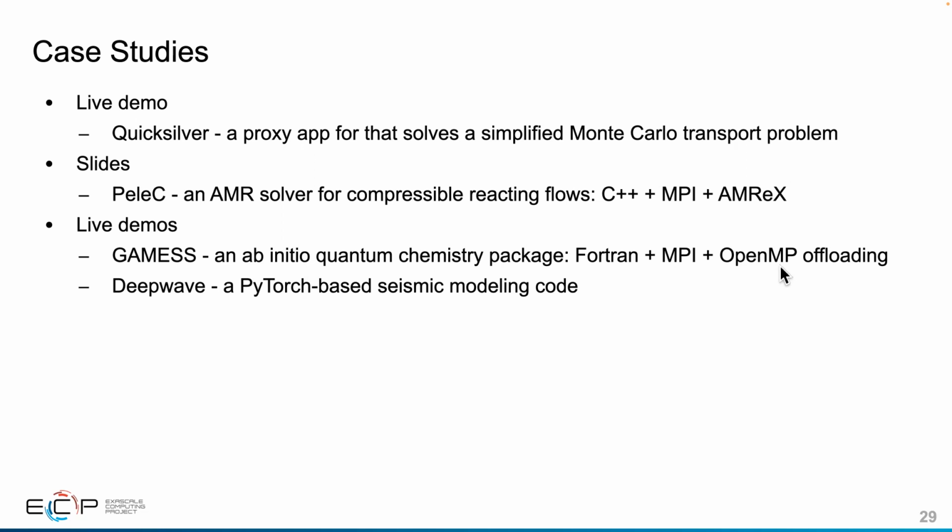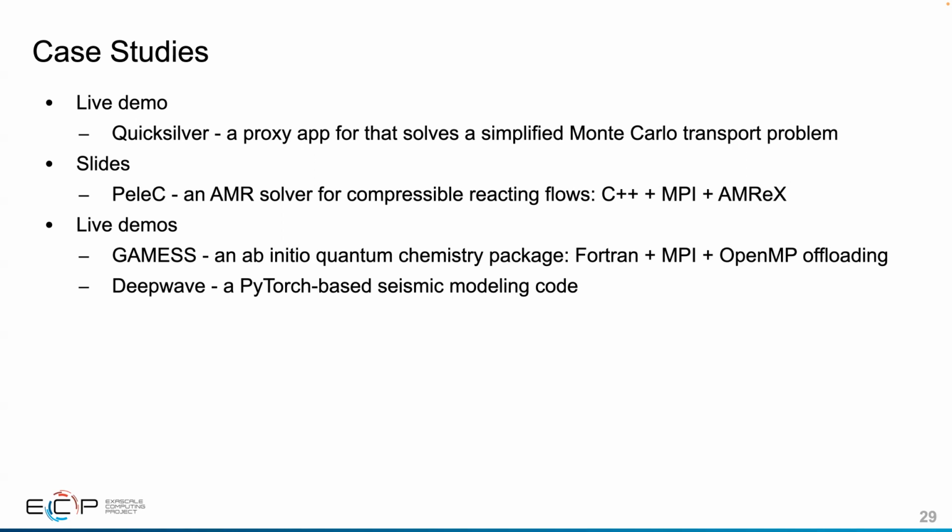I have some data from some executions that was gathered principally during a hackathon. We're working with the GAMESS team to help them figure out how to tune their application. And then I'll also show you a live demo collecting some performance data for DeepWave, which is a PyTorch-based seismic modeling code.